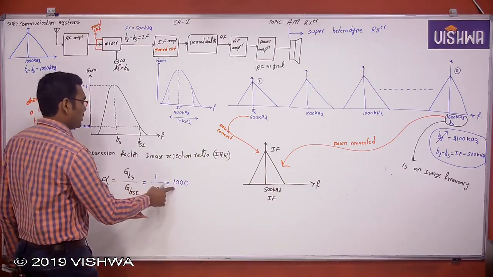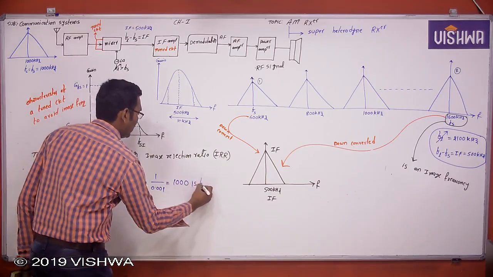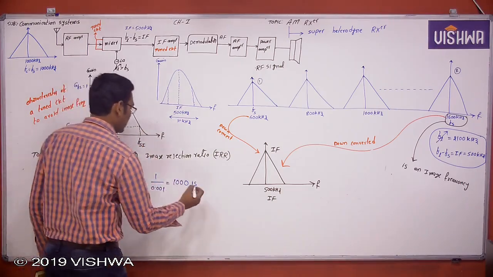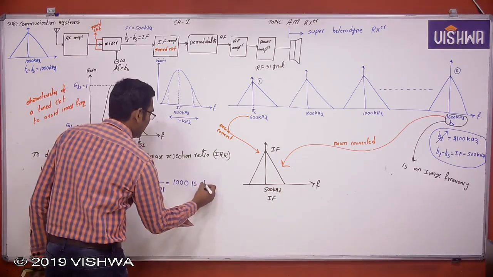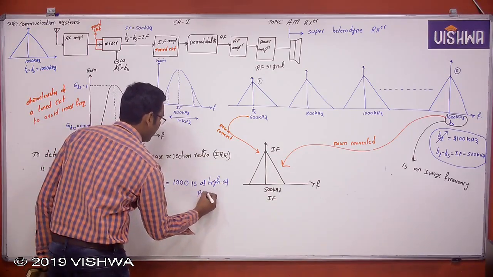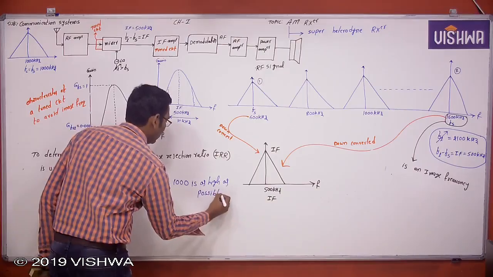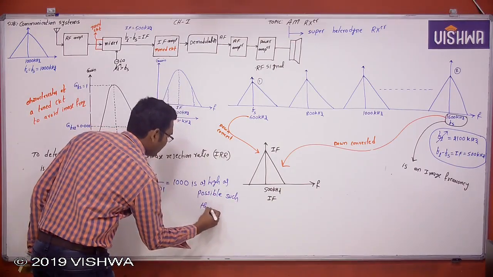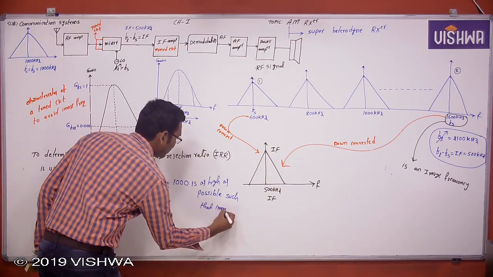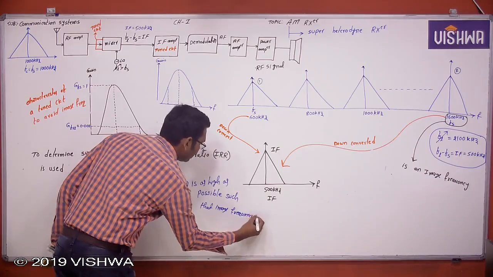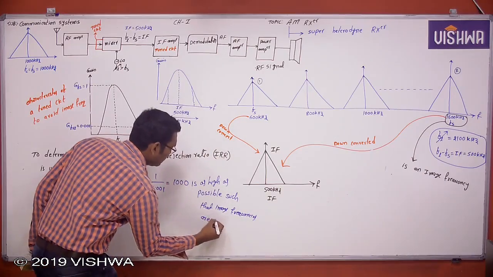Now, the image rejection ratio should be as high as possible, such that image frequencies are suppressed.